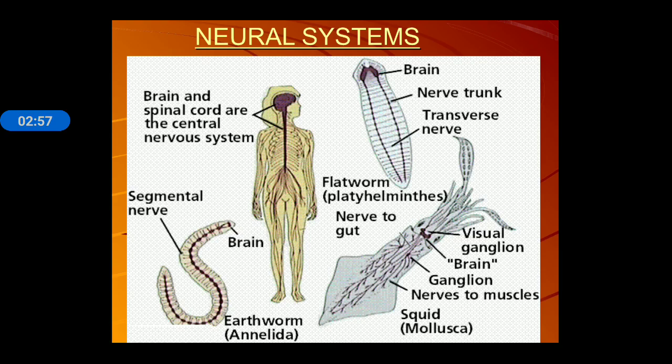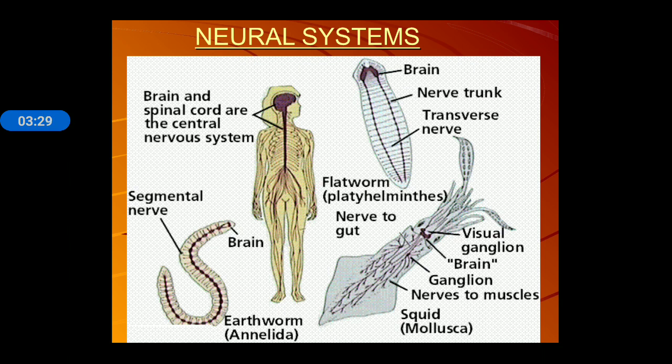So next is neural system. Neural system varies from organism to organism, meaning human has a well developed neural system, that is it has brain and spinal cord. Simpler animals have simple neural system. You can see in planaria, a platyhelminthes, there is a single network of nerve which runs from head to lower part of body.